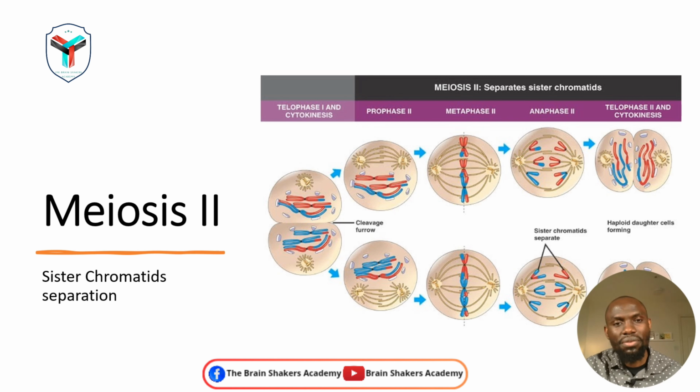So the resulting cells will still have the genetic information coming from the maternal side and from the paternal side, and the resulting cells will be 4 cells in total, because each of the 2 cells that have been produced will end up producing 2 daughter cells, and each of them will have a haploid number of chromosomes, which is just one set of chromosomes.